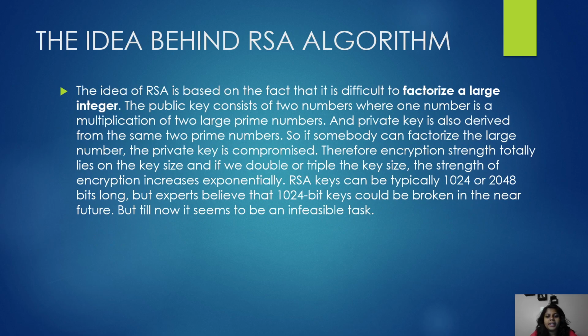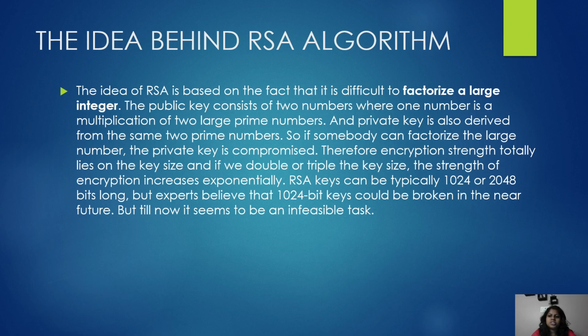The idea behind the RSA algorithm: the idea of RSA is based on the fact that it is difficult to factorize a large integer. The public key consists of two numbers, where one number is the multiplication of two large prime numbers, and the private key is also derived from the same two prime numbers. So if somebody can factorize the large number, the private key is compromised.